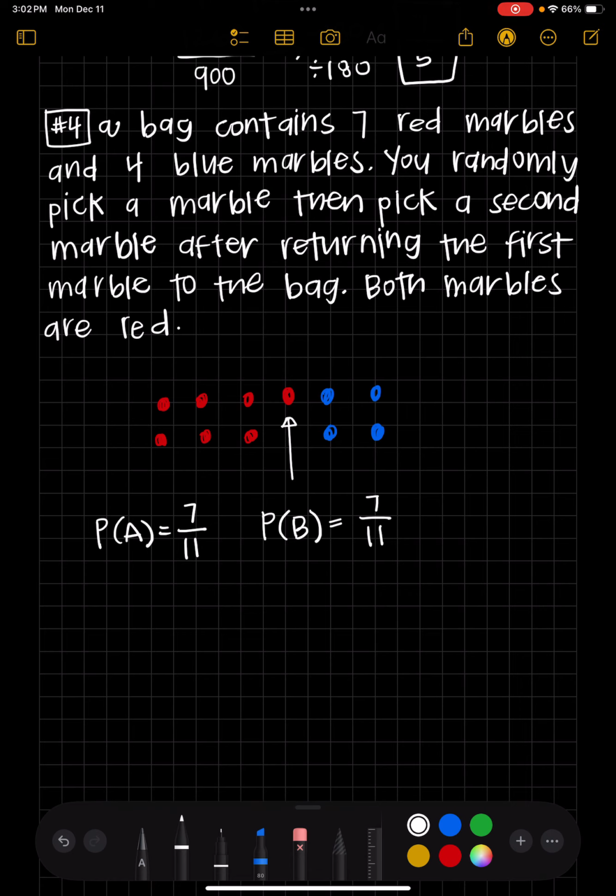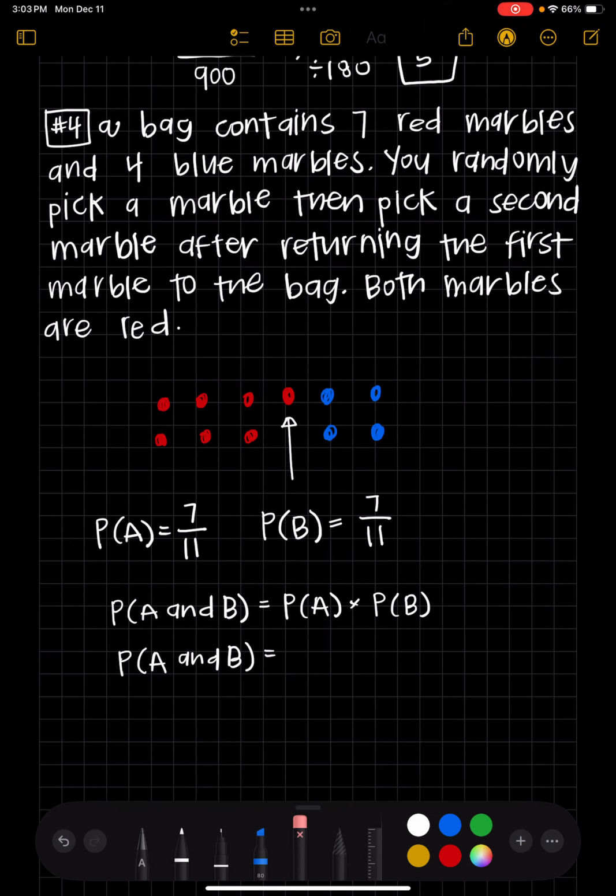So let's just now figure out what the probability of picking both red marbles would be. We're going to use the formula: the probability of A and B, meaning in this case, the probability of picking a red marble and then another red marble, is the probability of A times the probability of B. This is what we're trying to find, the probability of A and B. We know the probability of picking the first red marble is 7/11.